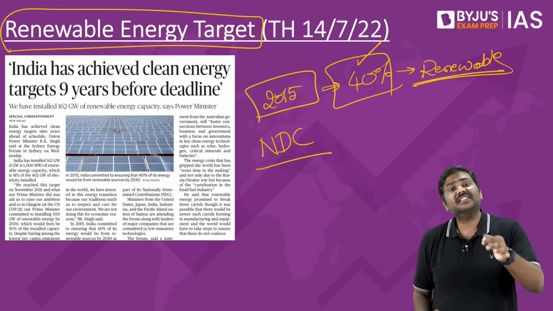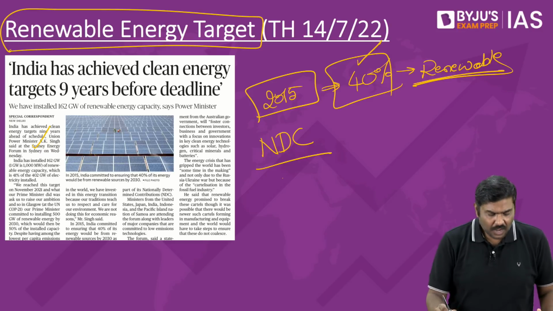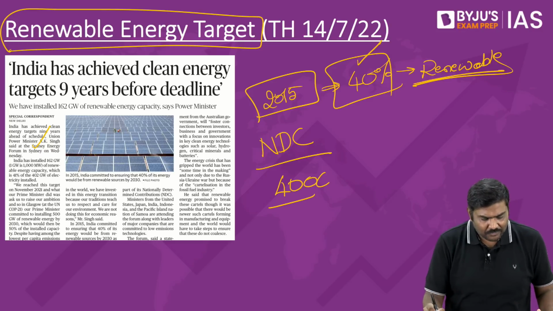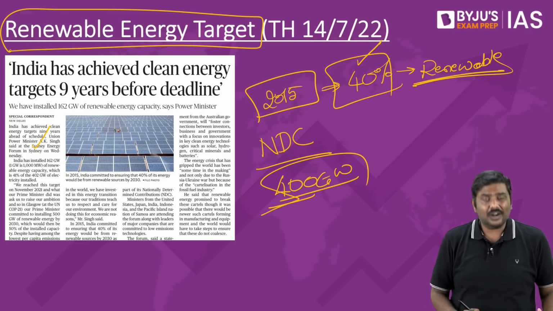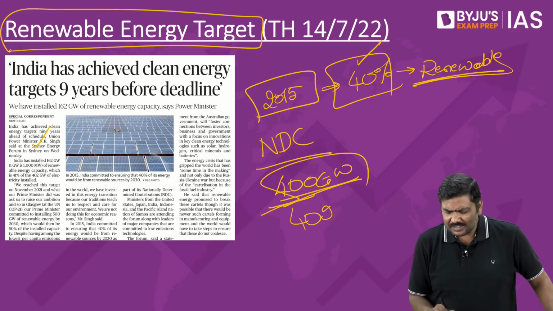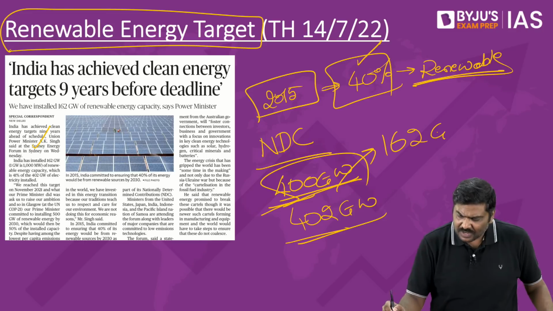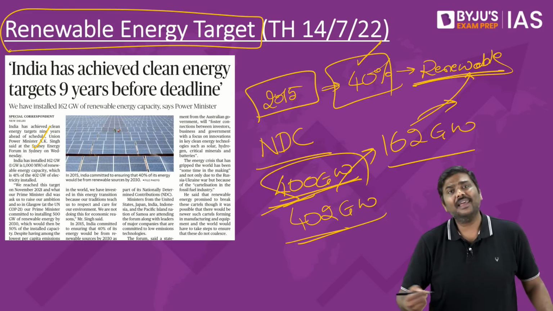And as per the latest information provided by the government itself, out of total 400 plus gigawatts of energy that we are producing, to be very precise, 402 gigawatts, 162 gigawatts comes from renewable energy sources.